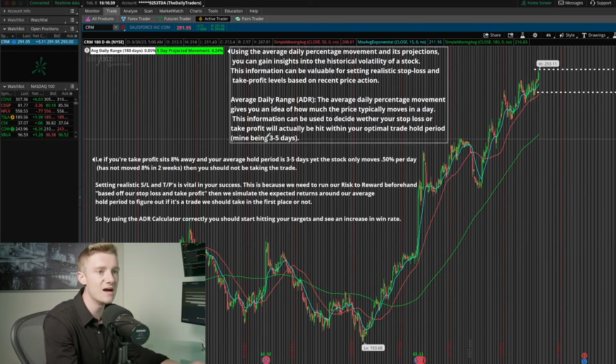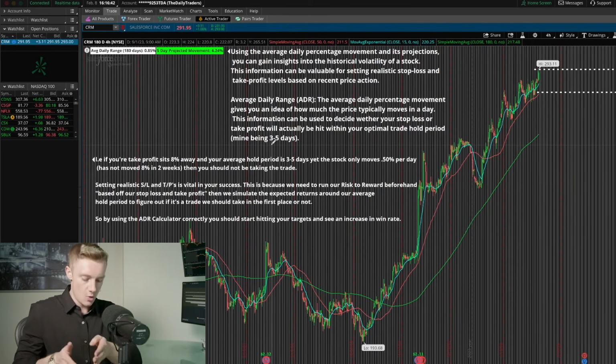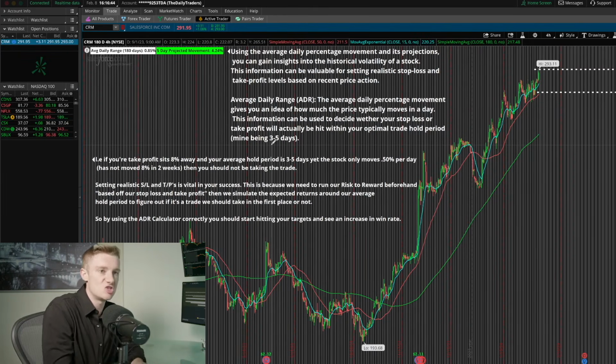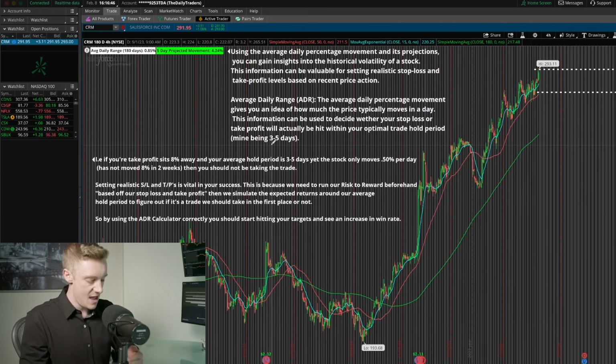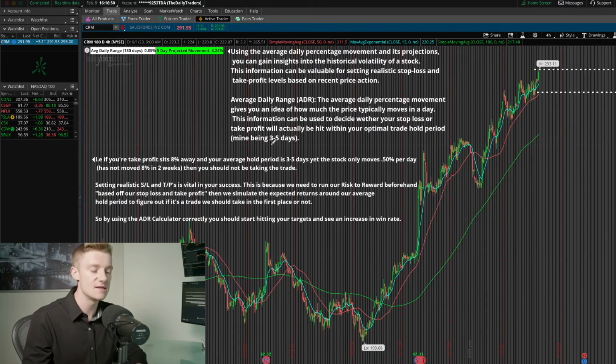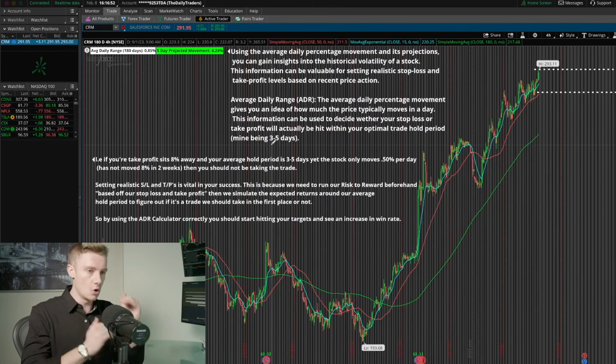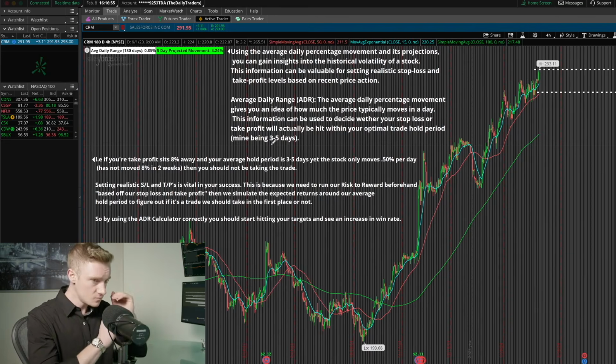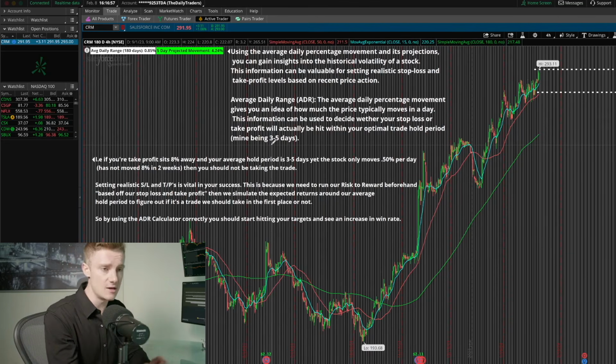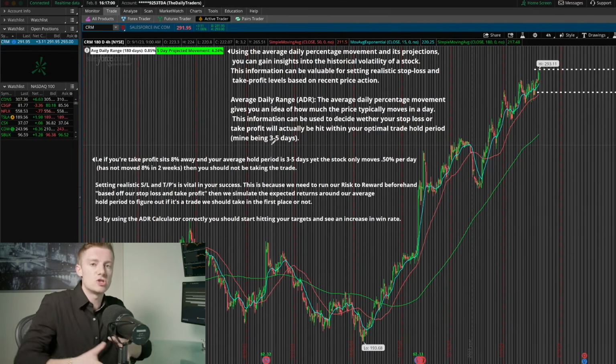Because my optimal hold period, from when I'm entering a position to when I'm selling it, is between 3 to 5 days, and the longest I'm going to end up holding a position is 5 days, when I simulate that trade out, I want to set the furthest out I'd end up holding a position. That is essentially going to be the worst risk to reward.